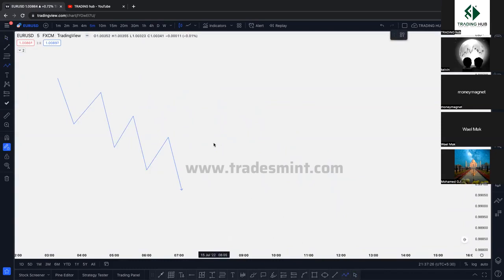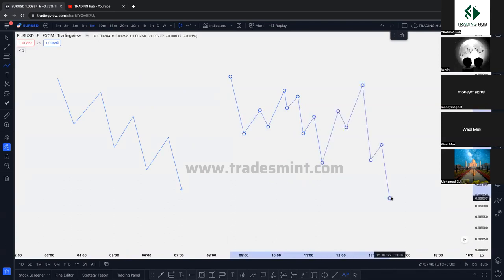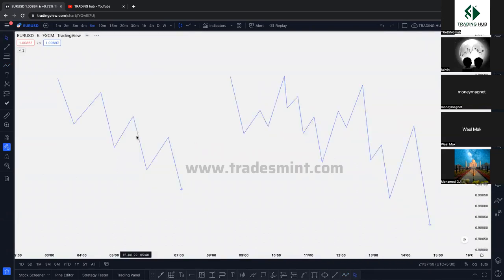But if you are looking for the advanced structure, how does structure actually get created at this point? Like this. Okay. So generally the market creates structure like this, not this one.